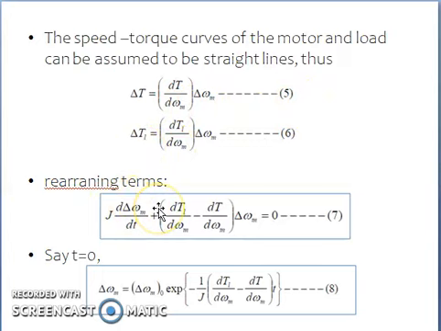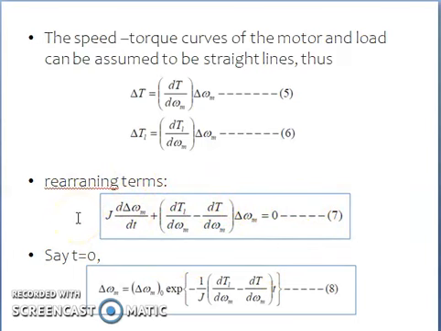Rearranging these terms, here dT by d omega m and dTL by d omega m are the slopes of the steady state speed torque curve of the motor load system at the operating point under consideration. Now using these equations we can arrive at equation 7.